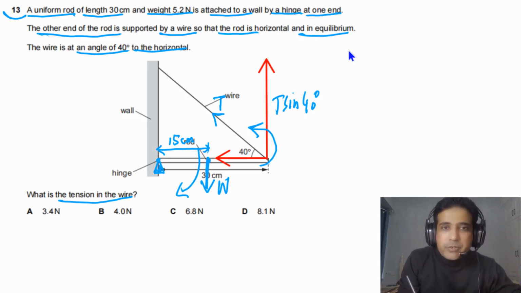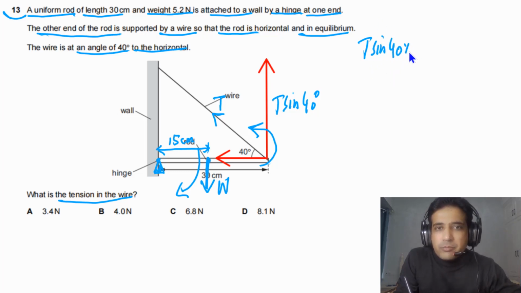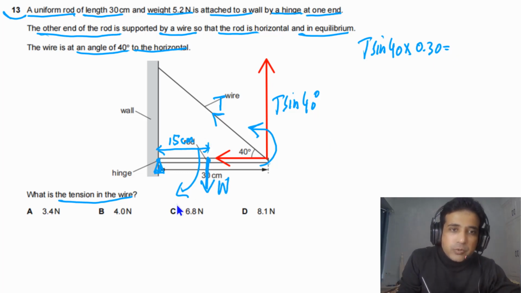So simply we can write down in this case, T sine of 40 degrees, this is our anti-clockwise moment, multiplied by the perpendicular distance from the pivot, and distance is 0.30, and this one has to be equal to clockwise moment, that is W times 0.15, the perpendicular distance. W is given, that is 5.2.